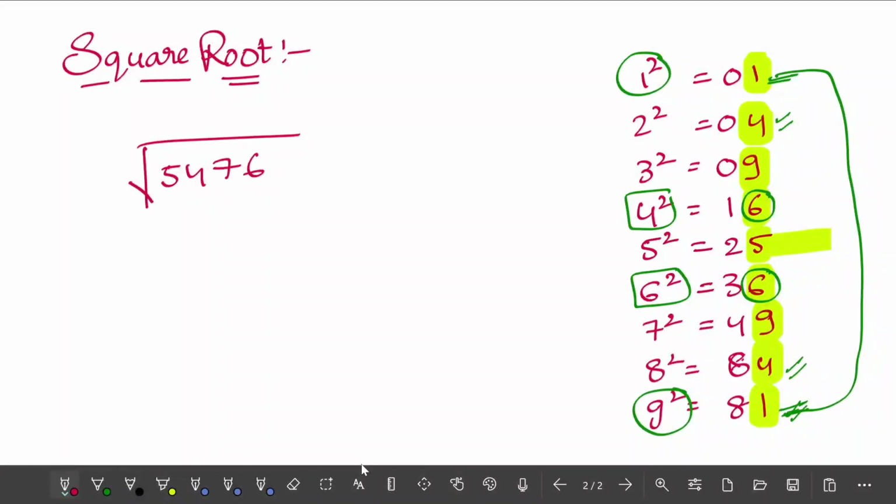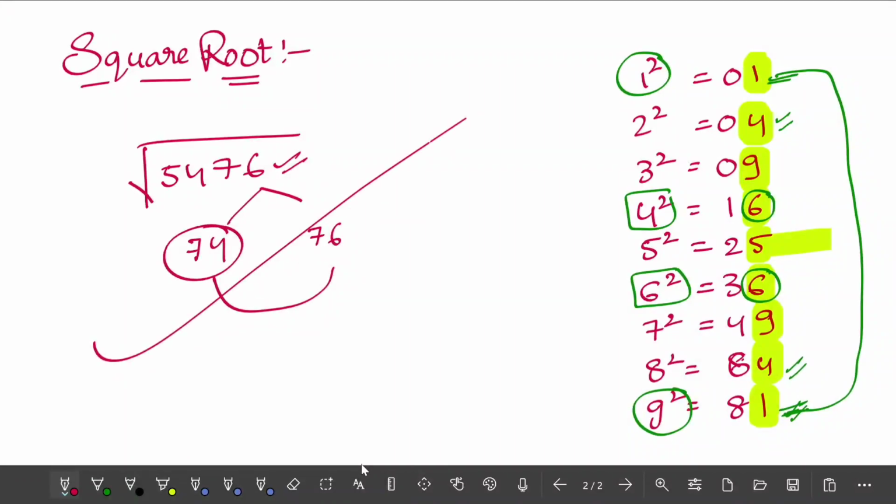Now the unit digit is 6, which means two possibilities are 4 and 6. Observing the entire number, I can clearly know it lies between 70 and 80, which means it is either 74 square or 76 square. I know 5625 is 75 square. So comparing to 5625, this number is lesser. Who among these two is lesser? 74. Answer done.